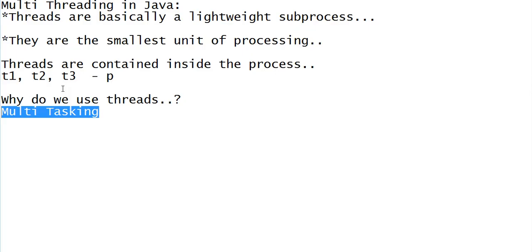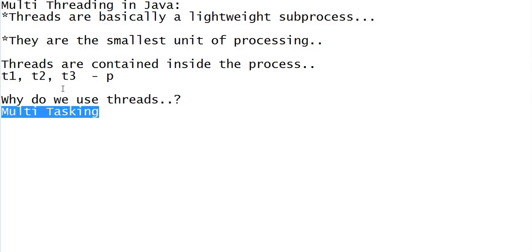For example, if you have opened a notepad and you are writing on it, and at the same time there is music playing on your desktop in the background. At the same time you are able to write on the notepad and listen to the music. So two tasks are being performed simultaneously. This is known as multitasking. Threads in Java are used in order to perform multitasking.